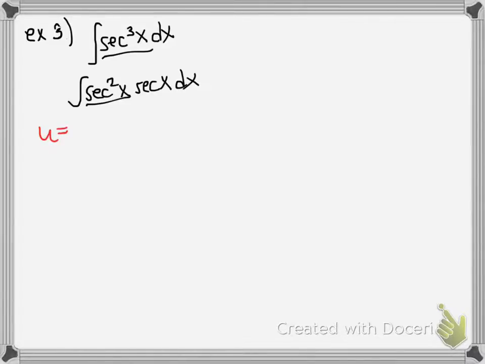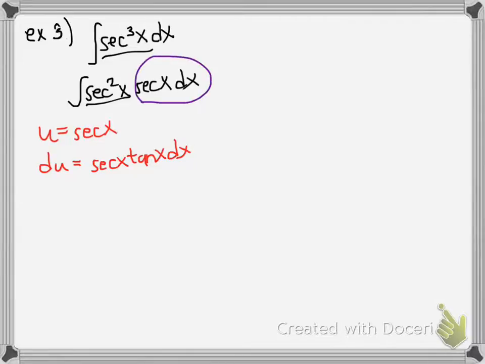So we're going to say u equals secant x, which means that du equals secant x tangent x dx. Then I'm going to choose secant squared x dx to be my dv.